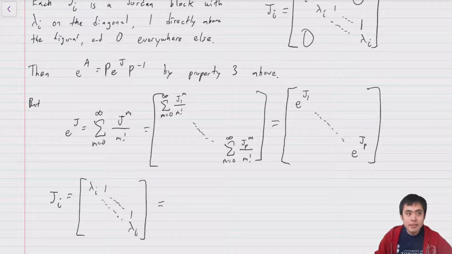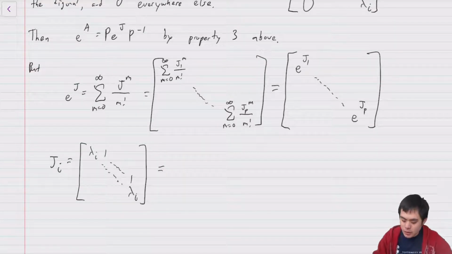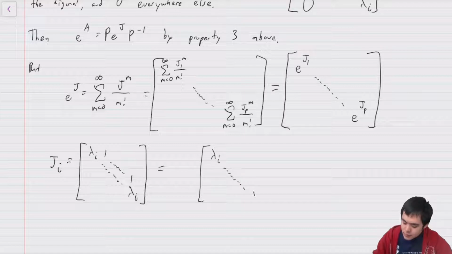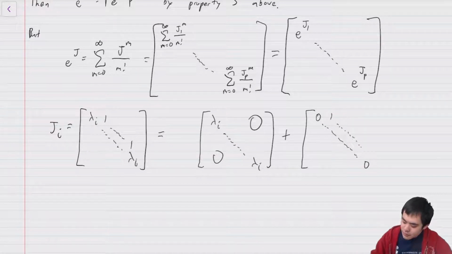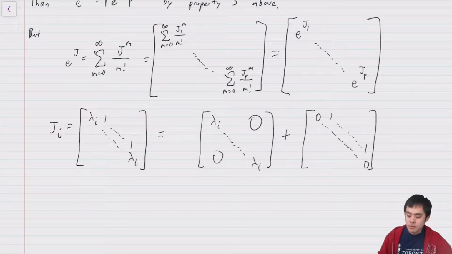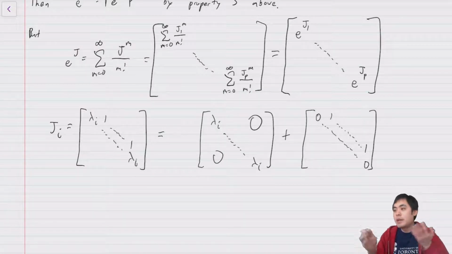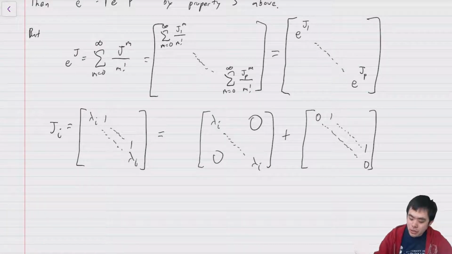Well, this is equal to the sum of this diagonal matrix, lambda I, and zeros everywhere else, plus the matrix that has zeros along the diagonal and ones above it. And it turns out that diagonal matrices commute with everything.